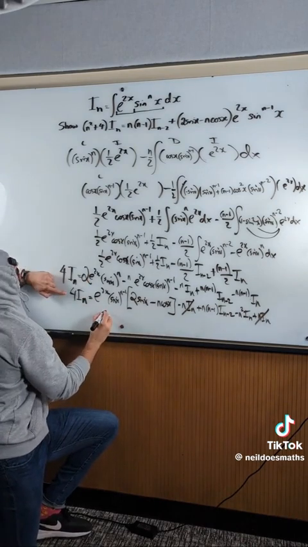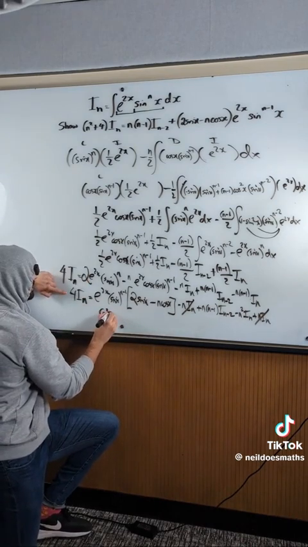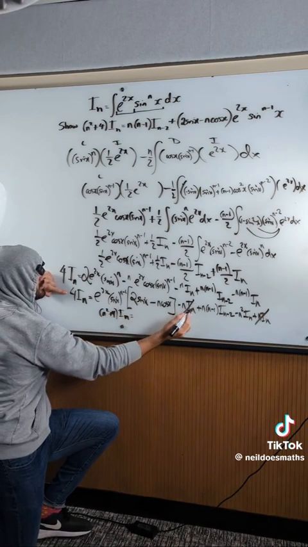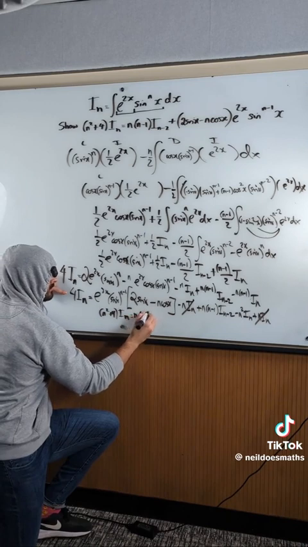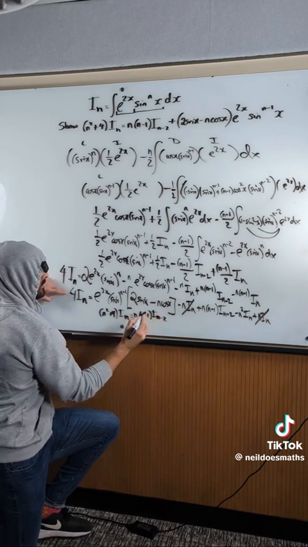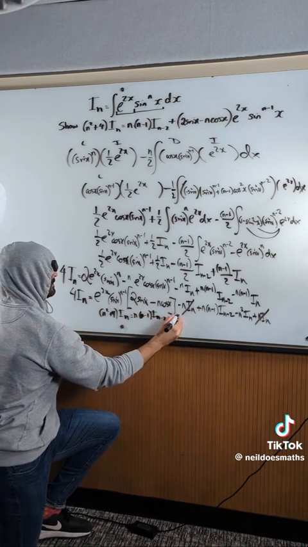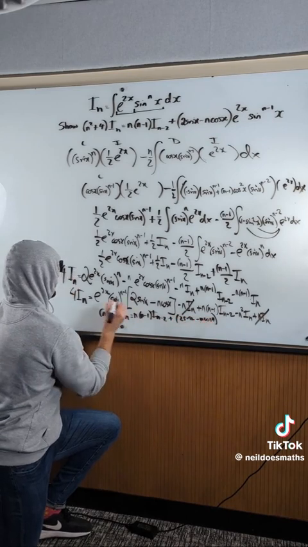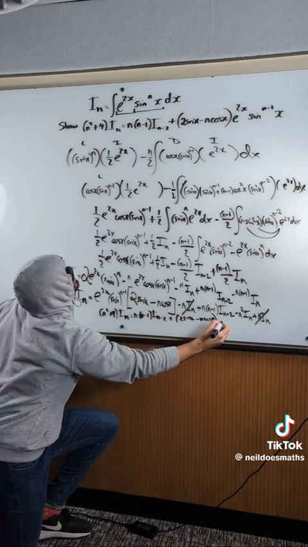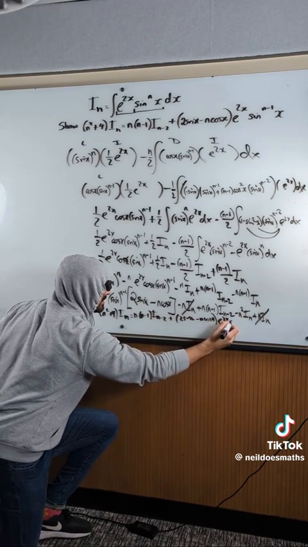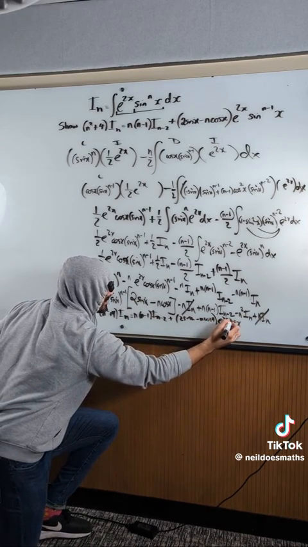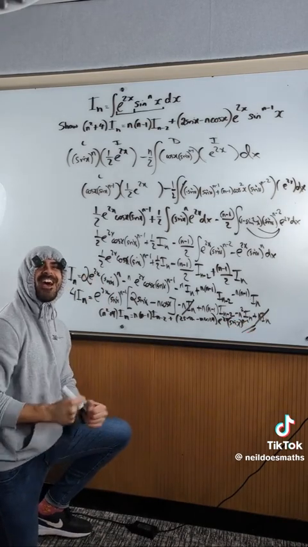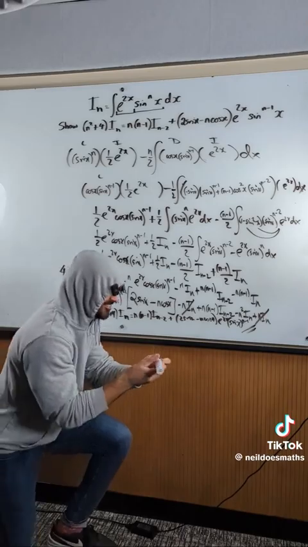Then you're going to factorize out In, and you get n squared plus 4 In is that plus 2 sine x minus n cos x times, how did I write, e to the 2x sine x to the power of n minus 1. And that's proved. Yeah! Come on, let's go.